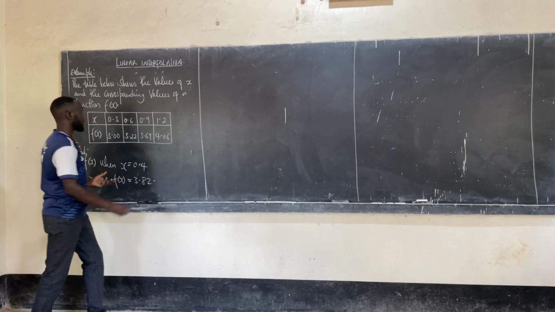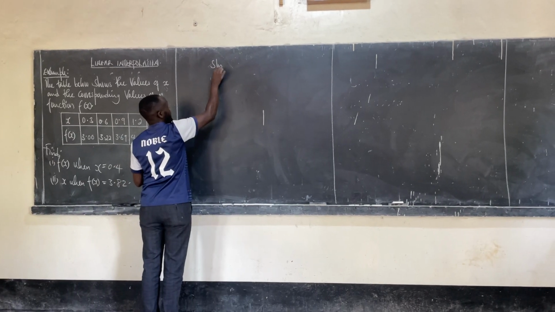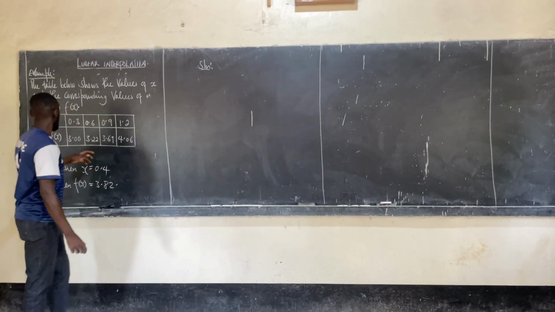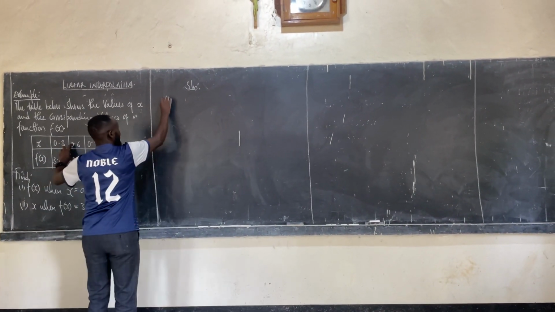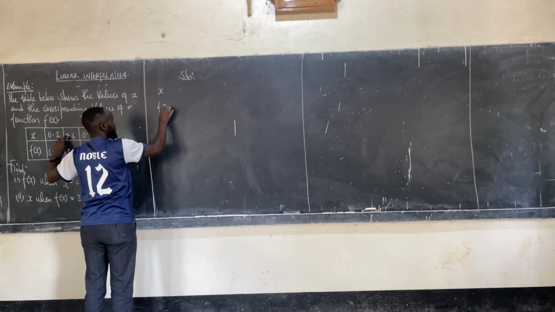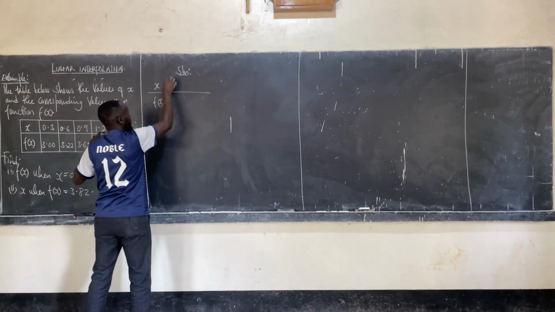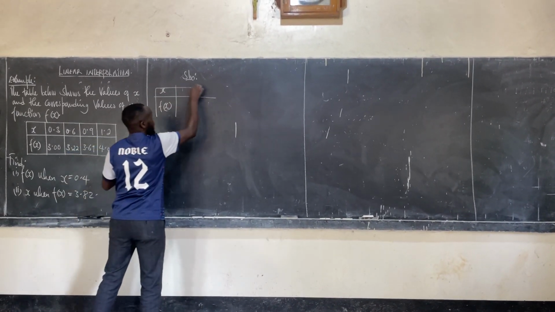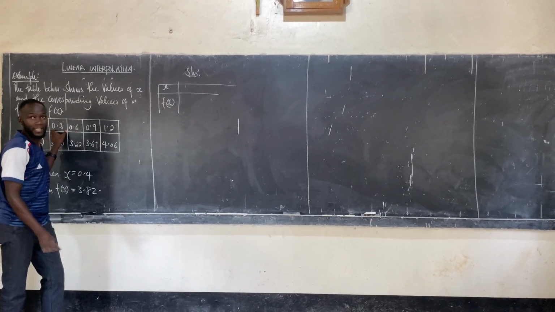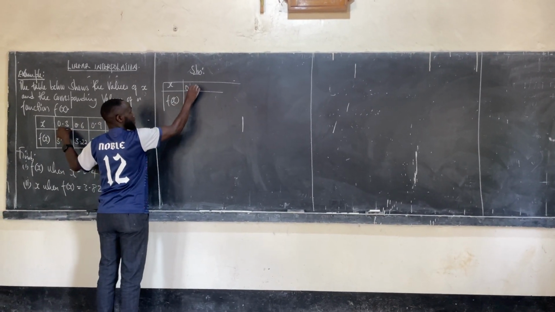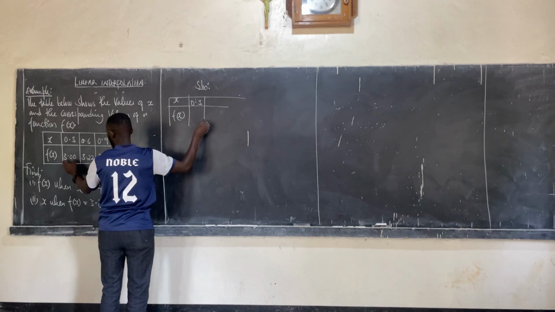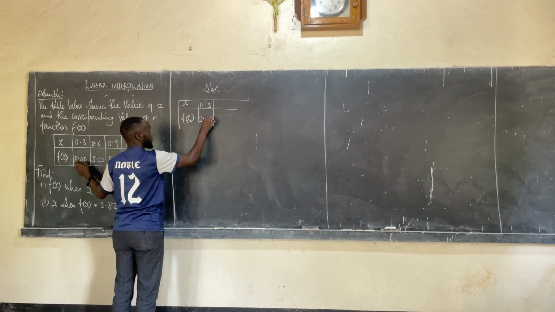So when you look at this, in your solution, you extract a table. It is x, f of x. From the values of x, we have 0.3, which corresponds to 3.00.